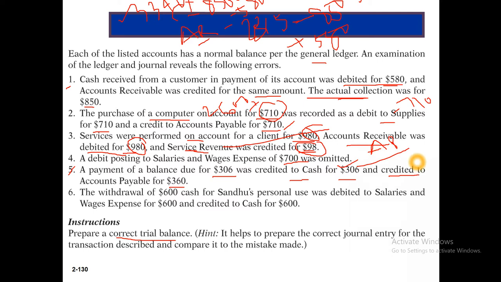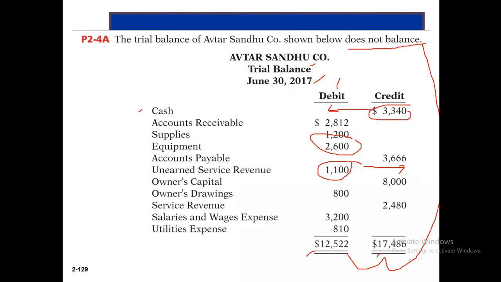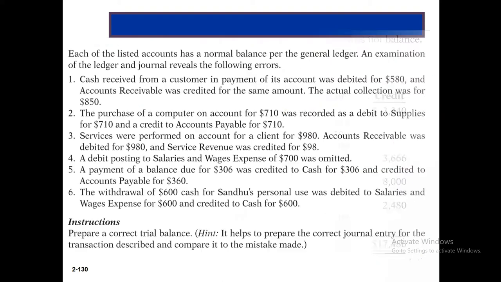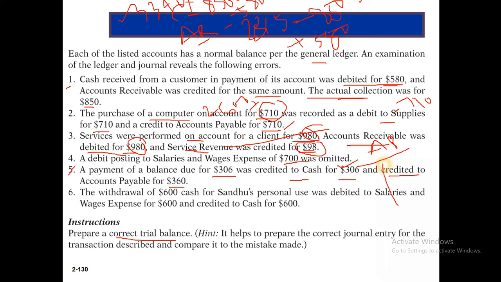The previous balance of accounts payable is 3,666 on the credit side. Now we are paying the balance due 306, so it would be minus, that means on the debit side.